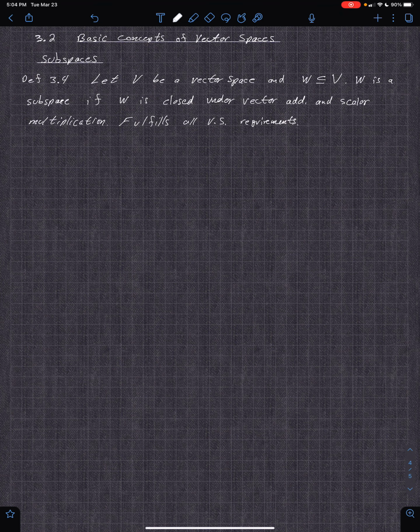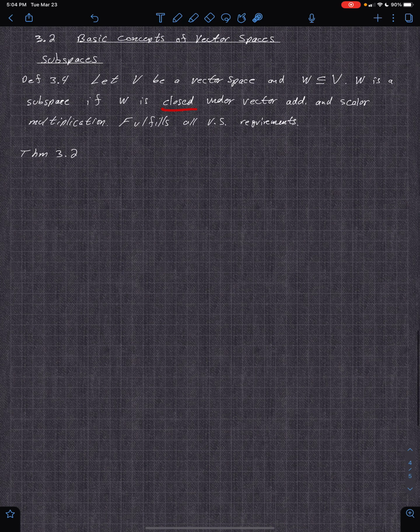This theorem is really all you've got to show. Theorem 3.2 has to do with just showing closure of both of those. This statement is in there as well, but really it's just the next two things. So this piece is part of 3.4.